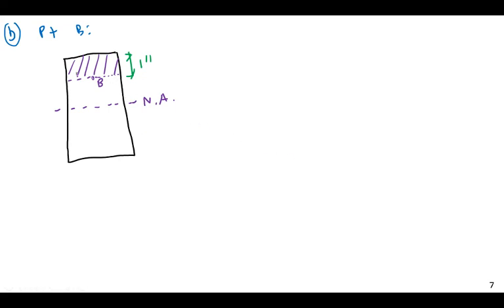If you're closer to the top of the beam, take it upward. If you're closer to the bottom of the beam, take it downward. There, that makes sense. Maybe not the most technical way to describe that, but hopefully that is a little clearer.